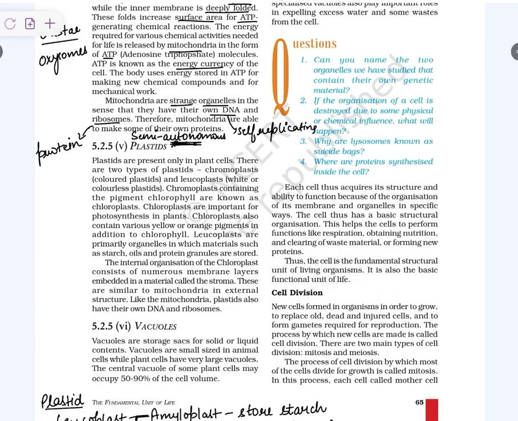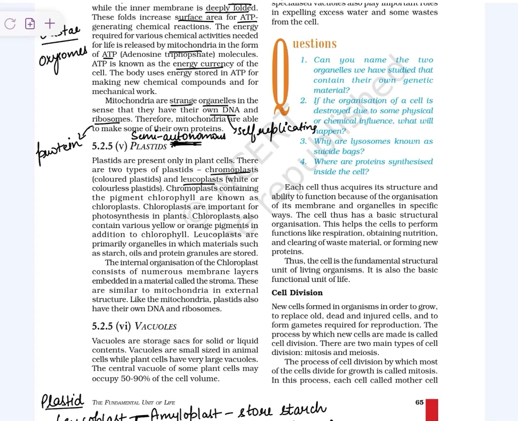Now the next is plastids. Plastids are present only in plant cells. They are not present in animal cells. So there are generally two types of plastids. Chromoplast, which are the colored plastid, and leucoplast, which are white or colorless plastids. Chromoplast में, for example, there comes the chloroplast.